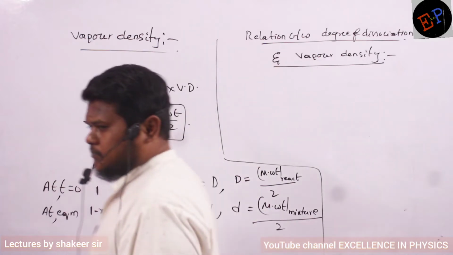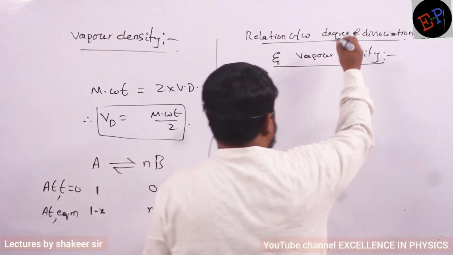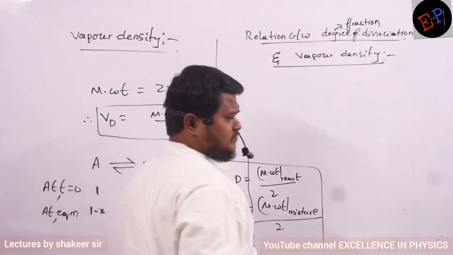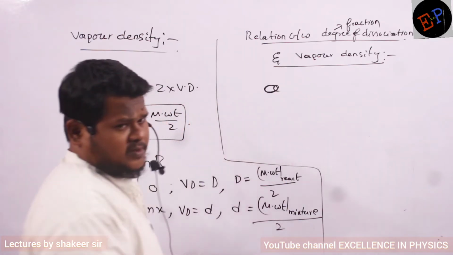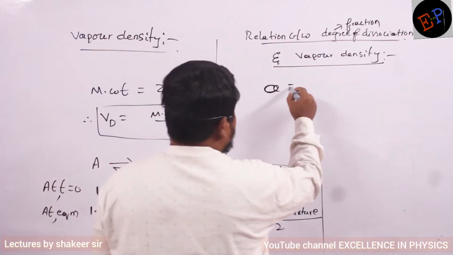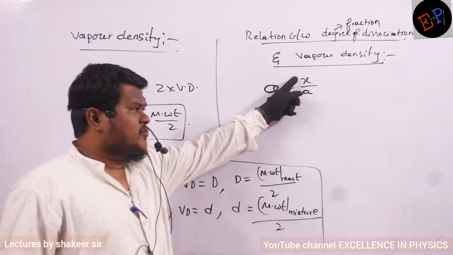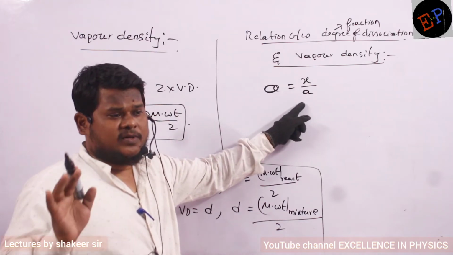It is also called the fraction of dissociation, and it is called alpha. Alpha is x divided by a, where x is the number of moles of reactants which have disintegrated, and a is the initial number of moles.